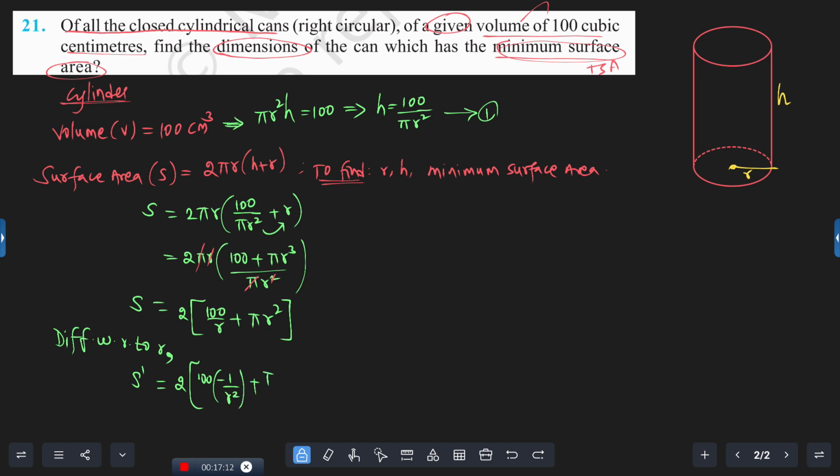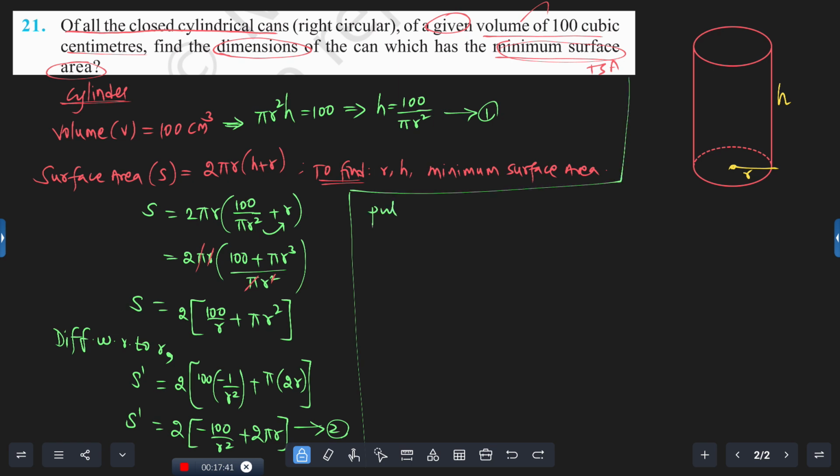Plus pi into r square, the derivative is 2r, with respect to r we are doing. Now we'll simplify this: 2 into minus 100 divided by r square plus 2 pi r. Put equal to 0. You will get the required value of r. Let's see what we are getting.